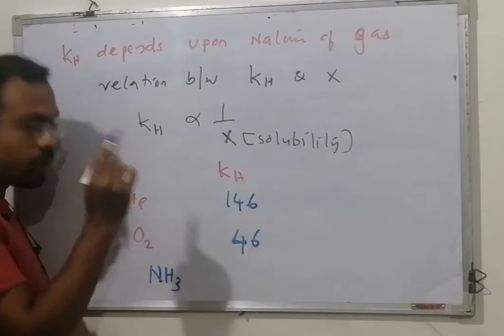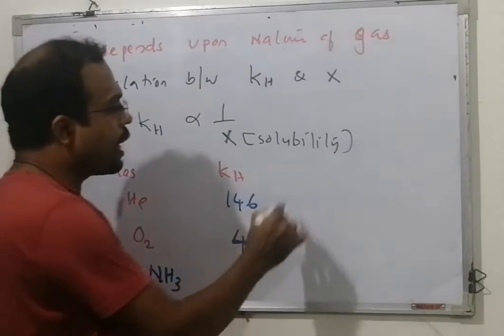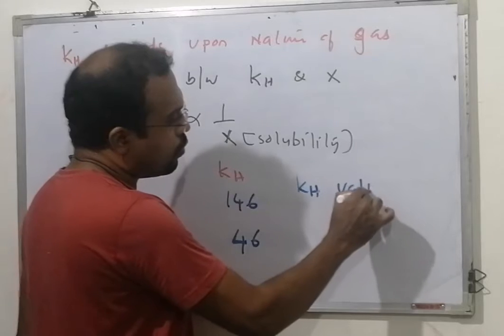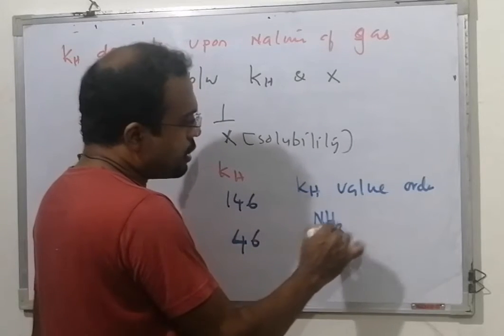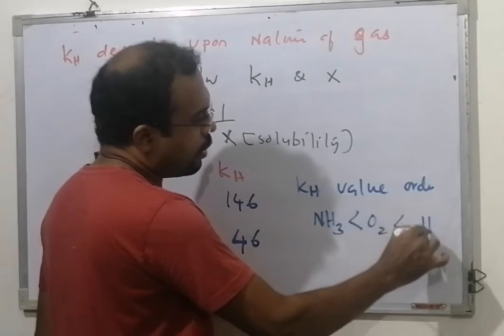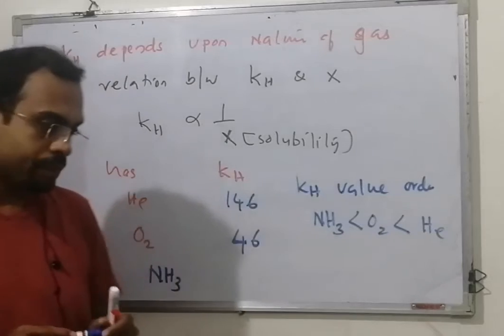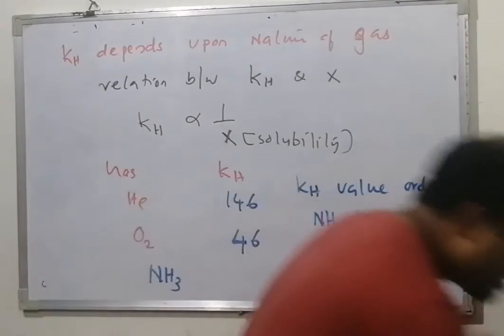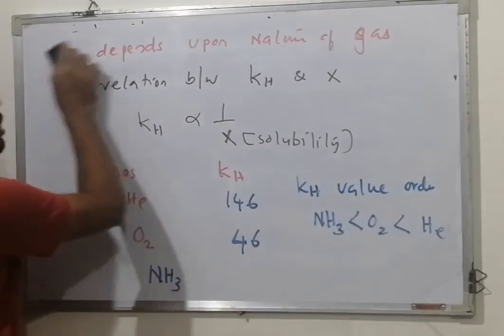Which is more soluble, ammonia or oxygen? Usually ammonia. Therefore the KH value order is ammonia less than oxygen less than helium. The more the solubility, the less the KH value. These are very important points. We can solve two questions.